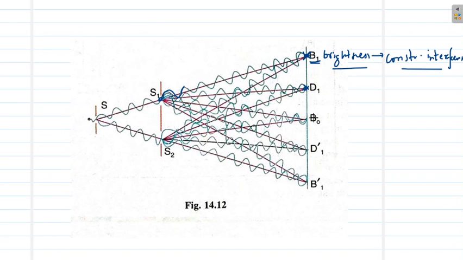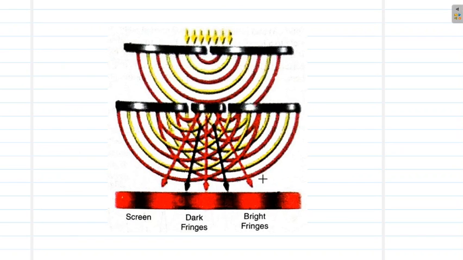So similarly, we will have certain points of bright bands separated by dark fringes in Young's double slit experiment. It is like this. We have the initial source, which is split into 2 sources, S1 and S2, and from these 2 sources we have waves coming in. They interfere and give you the Young's pattern, the interference pattern on the screen.